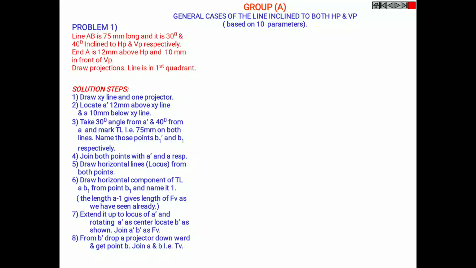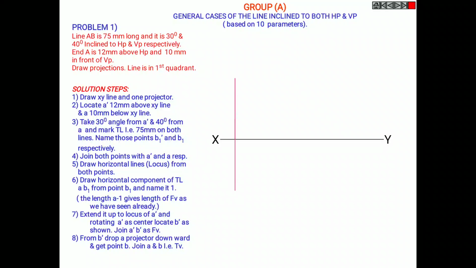See, there are some simple steps to draw the orthographic figure directly. First, draw XY line and one projector. Now, locate A dash 12 mm above XY line and A 10 mm below XY line.